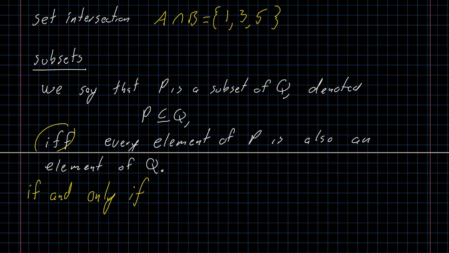That tells us that if every element of P is also an element of Q, then we can use this notation P subset Q. And we can use this notation P subset Q only if every element of P is also an element of Q. Most definitions work that way, which is why the abbreviation IFF is so common.